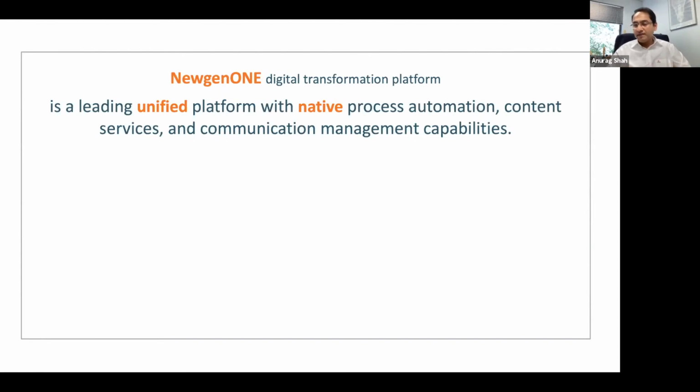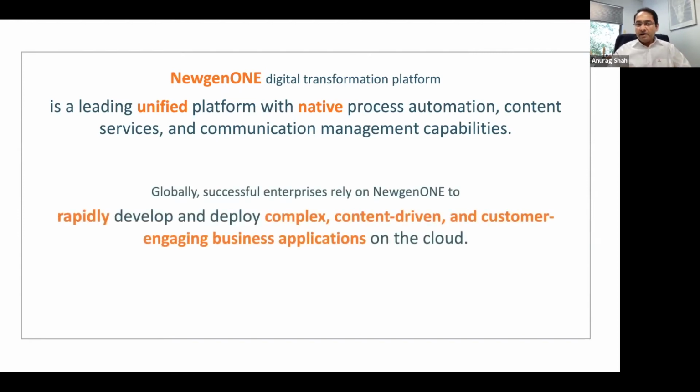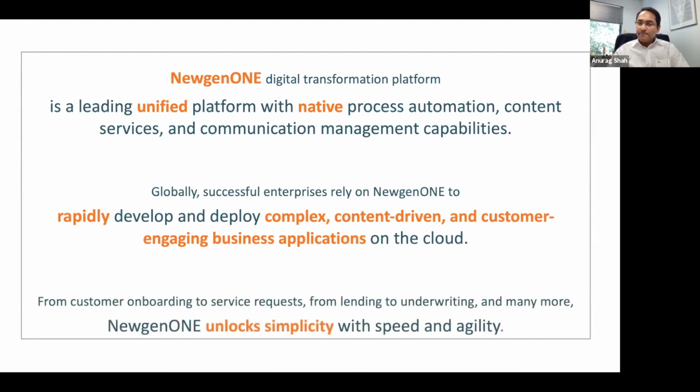I'm going to touch upon this shortly, but this is the platform which globally enterprises are using to quickly develop and quickly deploy those complex content-centric and customer engaging business applications on the cloud. The use cases could be from customer onboarding to service request to underwriting.